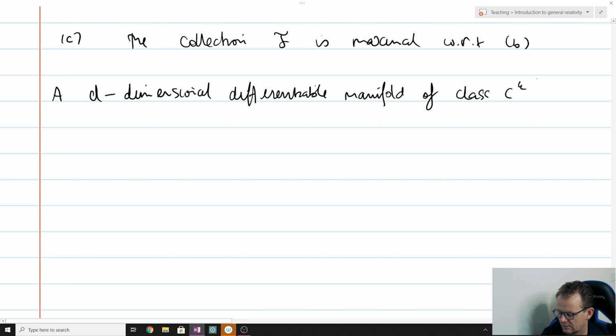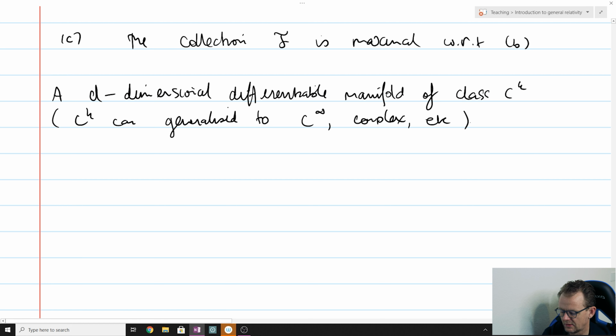And this notion can actually be beautifully generalized to a much larger class of structures. So CK can be generalized to C infinity. Well, that's essentially included in the definition already, but also complex structures, etc. There's lots of ways to generalize this notion of a differentiable structure, and therefore you get different things, such as complex manifolds.